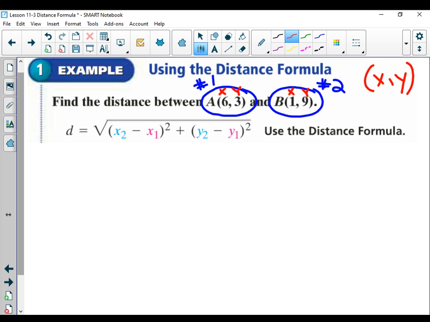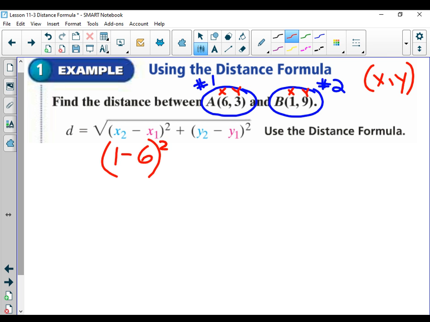Now, when it says take X from group 2, what is the X in group 2? 1. So X2 hops out, 1 hops in. What's the X from group 1? 6.